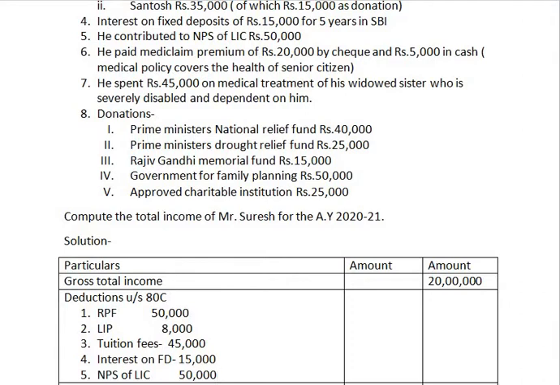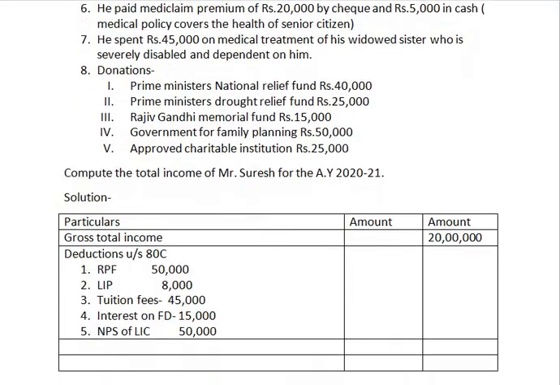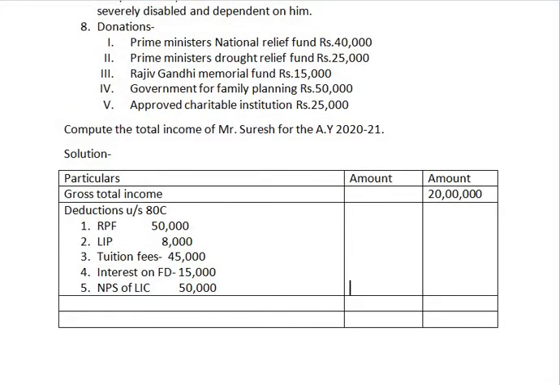Now total all, take this amount of total in outer column. 1,68,000 is the total. But what is the amount of deduction that we can claim under section 80C? Maximum limit is 1,50,000.